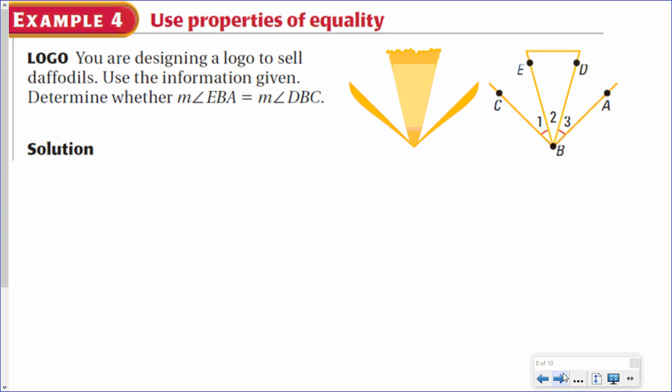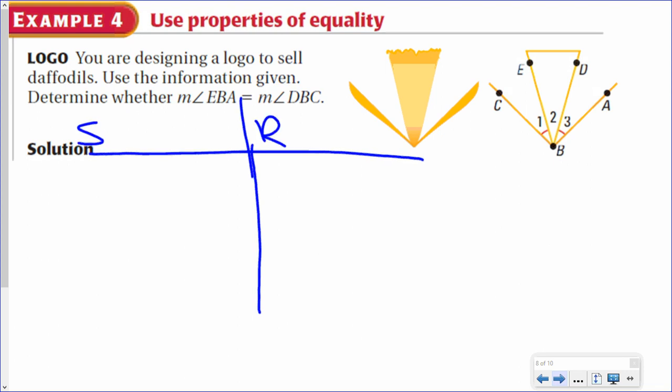All right, finishing it off here. So this is a full blown out proof, guys. So just bear with me and away we go. But do please put this in your notes. Statements, reasons. So you're designing a logo. We are trying to determine that the measure of angle EBA is congruent or equal to the measure of angle DBC.